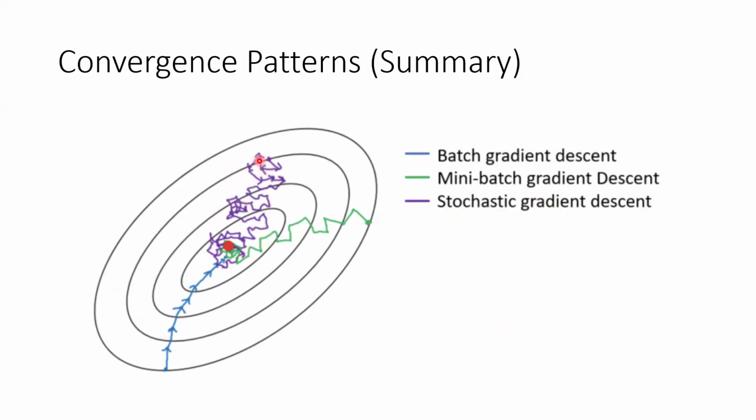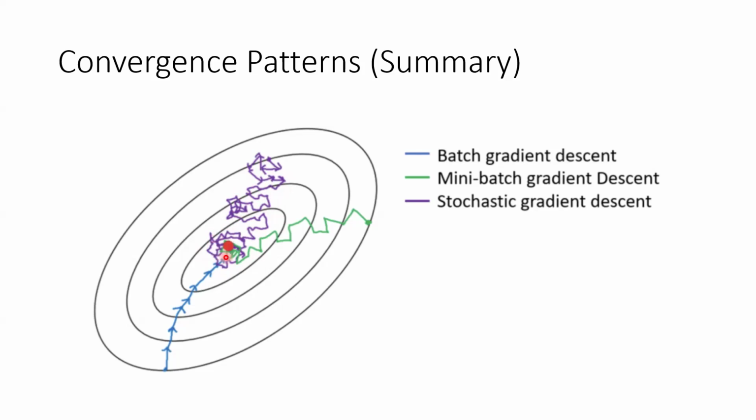Sometimes it is moving away from the direction of the optimum point, and it is moving here and there, then moving away from it and moving to lateral sides, moving here and there.